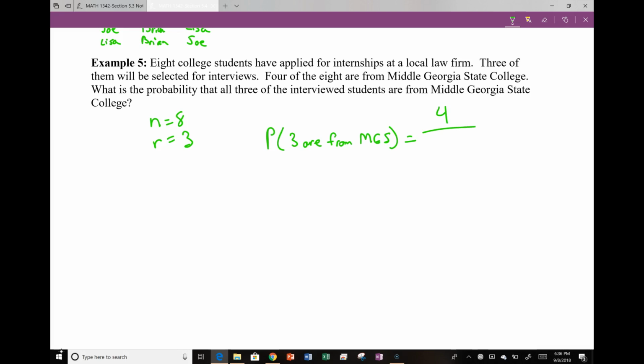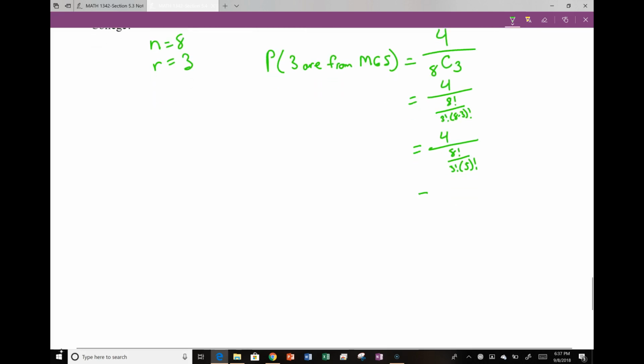Now we need to see how many different ways can I select any 3 from these 8 students. Well, doing so, it's 8 choose 3. So I have 4, and then 8 factorial over 3 factorial, 8 minus 3 factorial. I have 4 on my numerator still. I have 8 factorial divided by 3 factorial times 5 factorial, which leaves me with a 4 on my numerator.